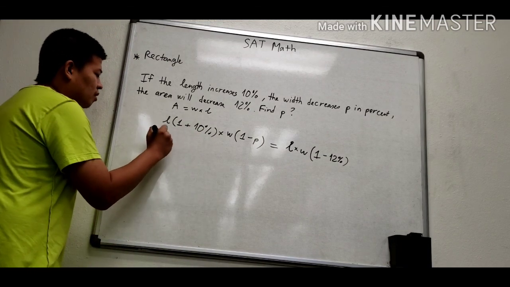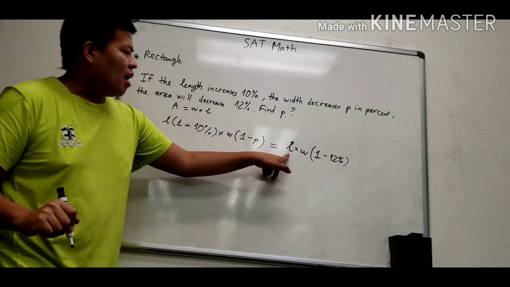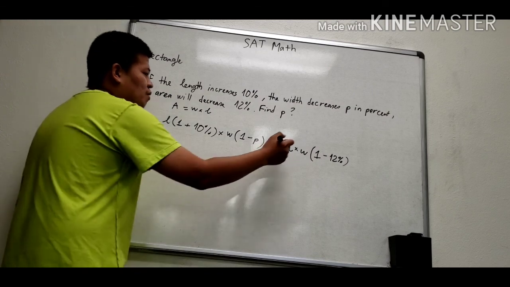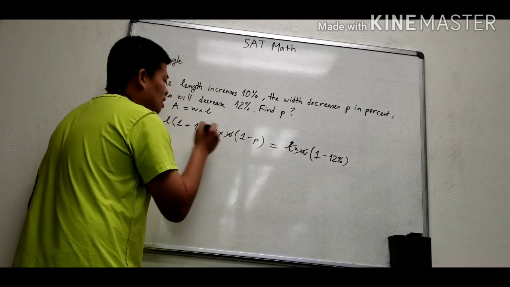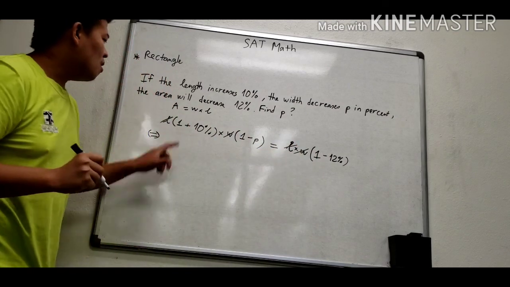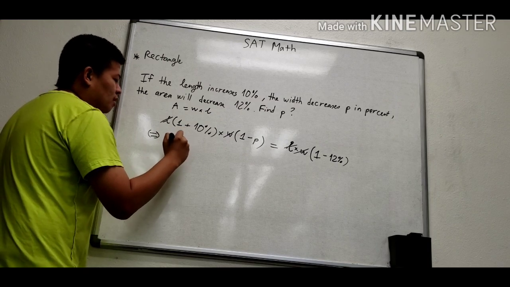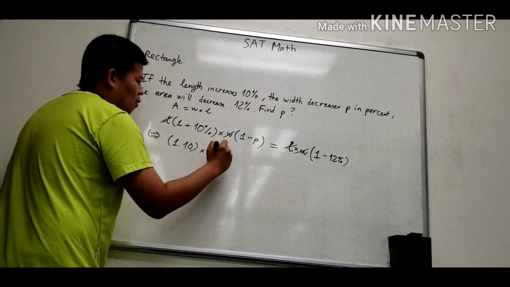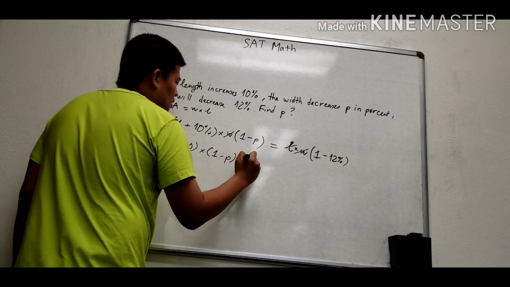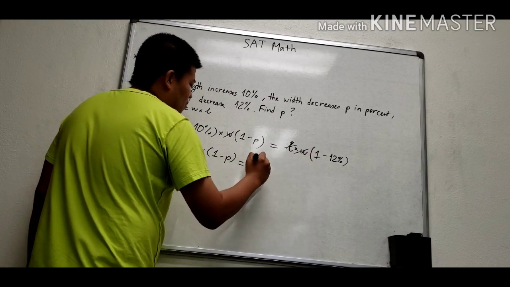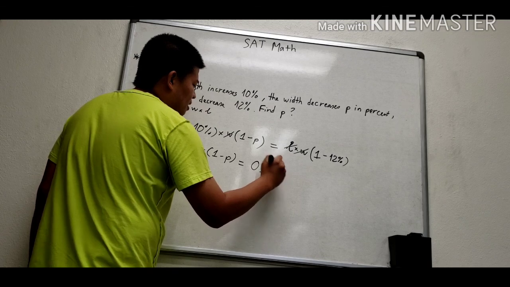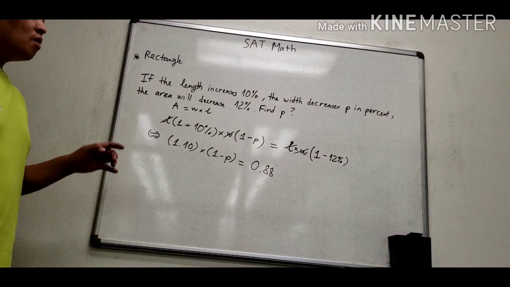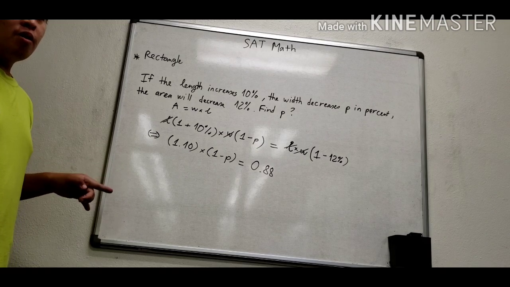So now we have L, W and W and L, and we can simplify on both sides, so that you get 1.1 multiplied by 1 minus p, and this equals 0.88, because 1 minus 12% is 1 minus 0.12.